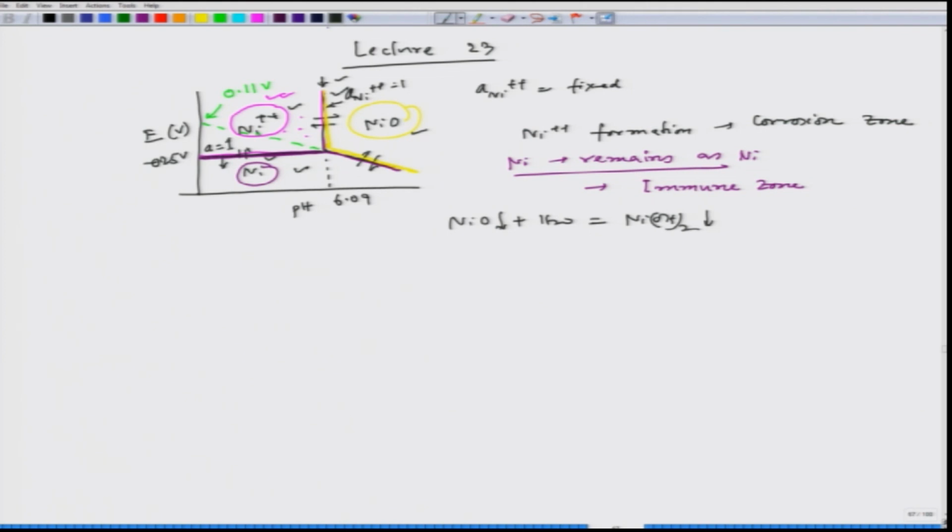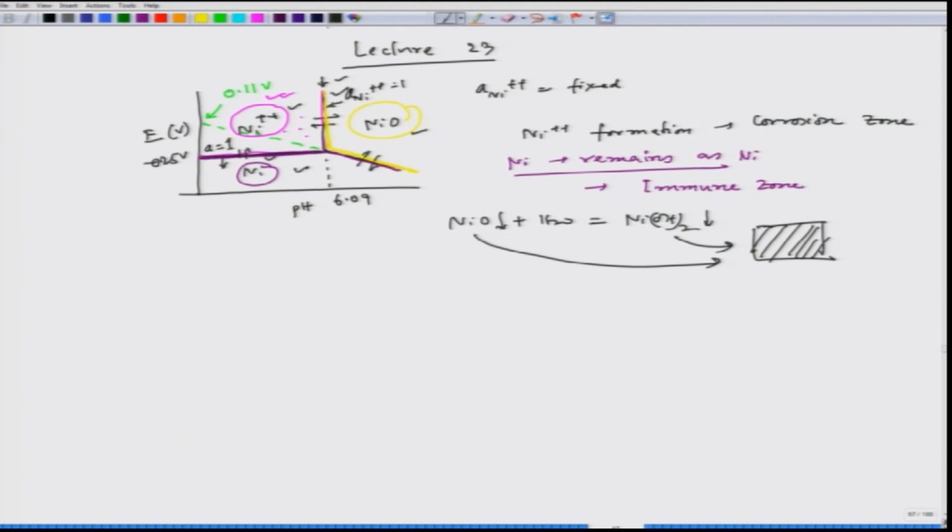For the time being, let us put it in this fashion: if we have a nickel substrate, and on that substrate we have this particular phase formation, we get a covering of that particular nickel surface, and then the nickel surface exposed to the water, or electrolyte, will be limited. So, the corrosion tendency of nickel will be sluggish.